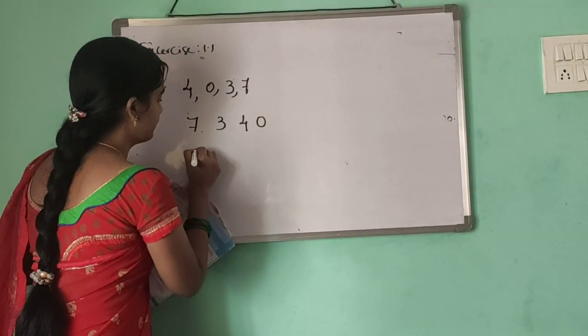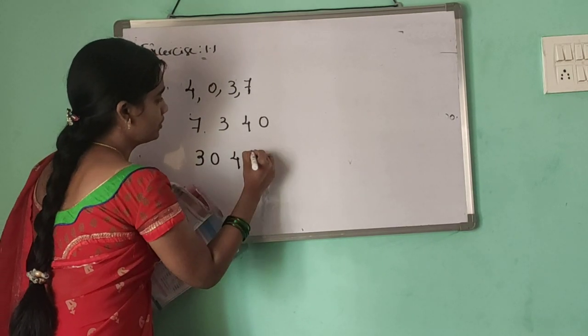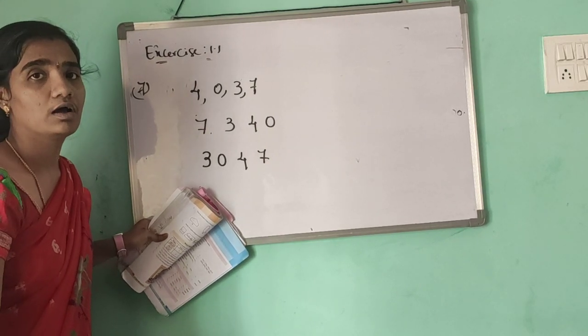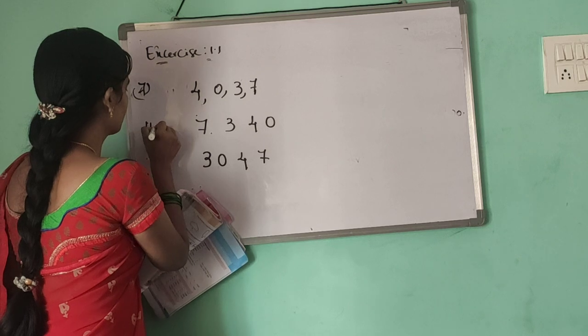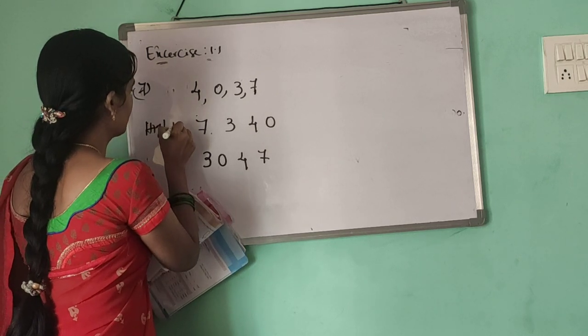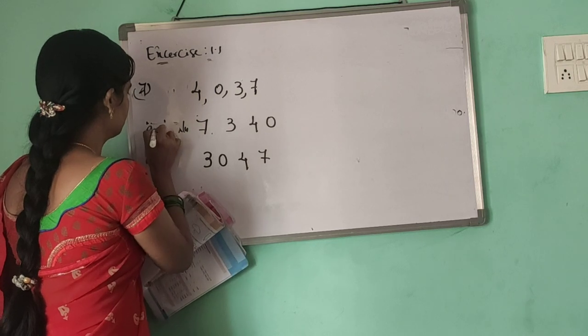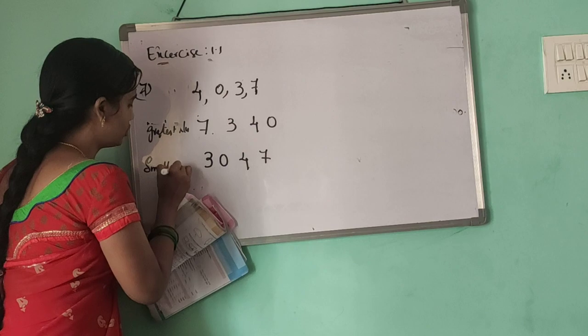So here I can write 3047. This is the greatest number, sorry, this is the smallest number.